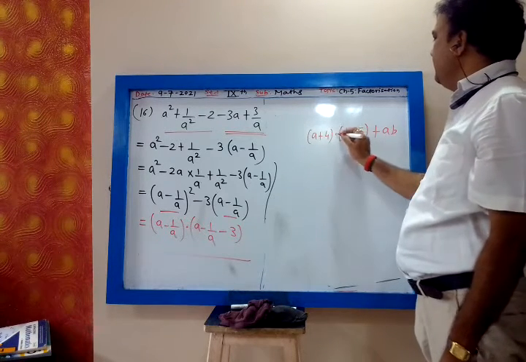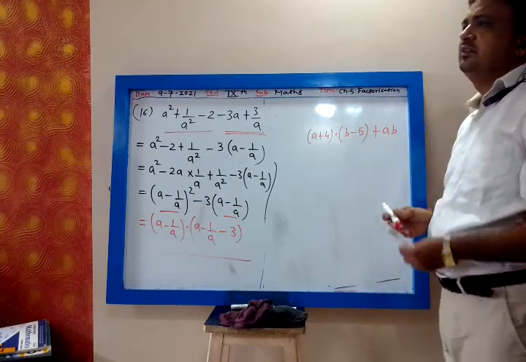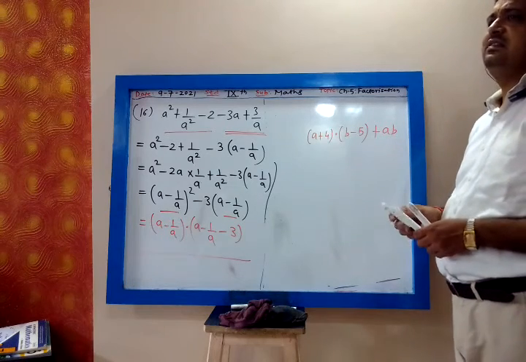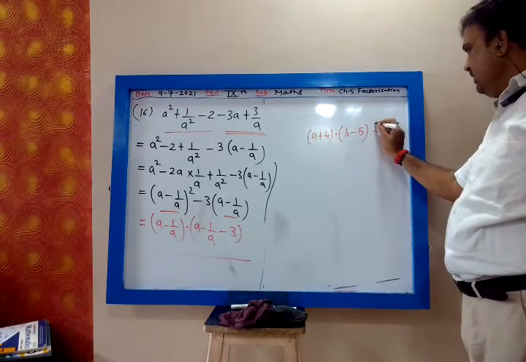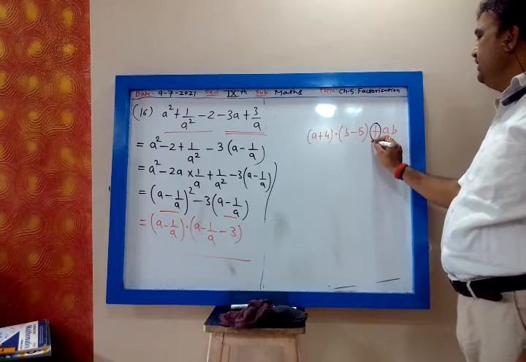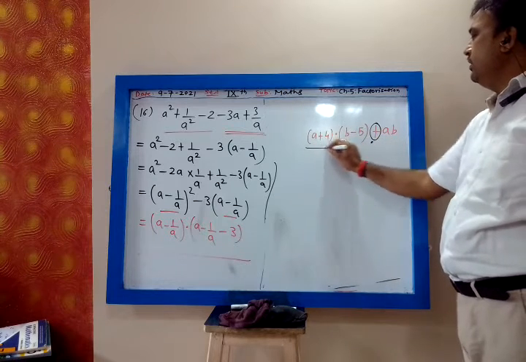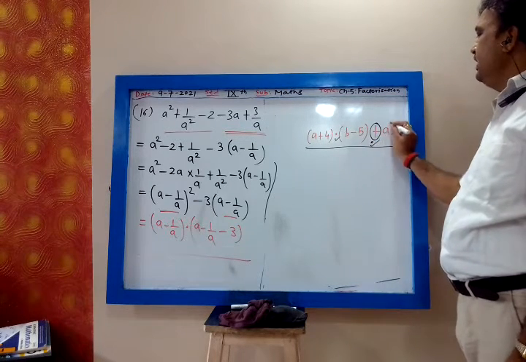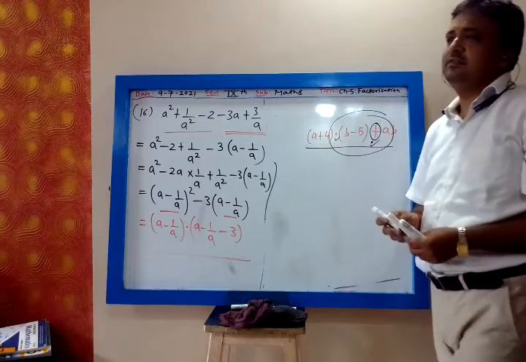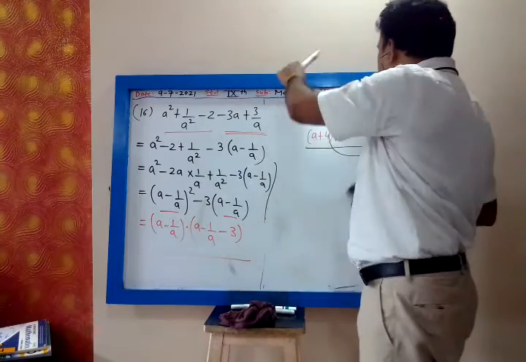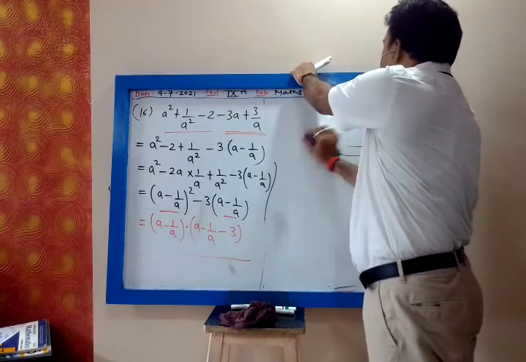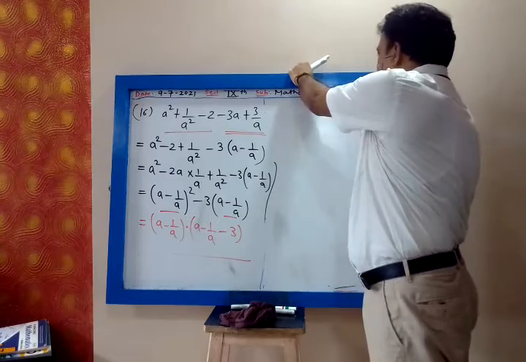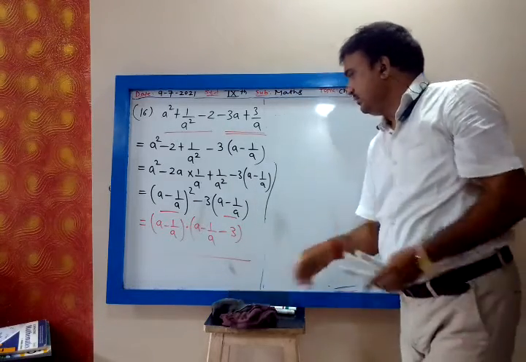Is this in the factorization form? No. Why is this not in factorization form? Because it should not be plus ab. If it is into ab, then all are products of factors, and we can say it is in the factorization form. But if the last step has plus or minus between factors, then it is not in the factorization form. Okay.